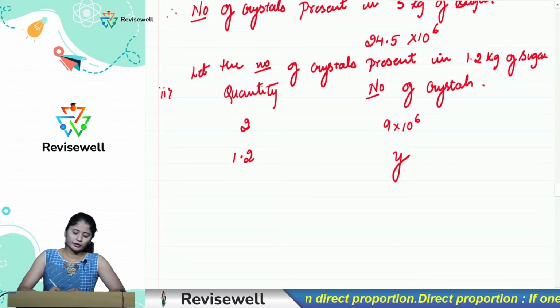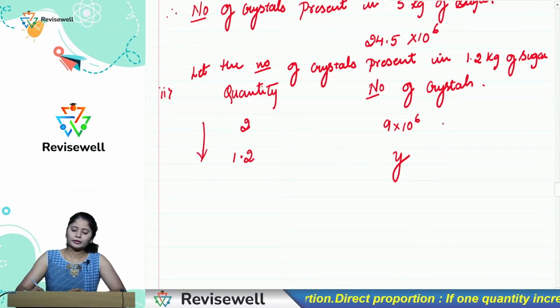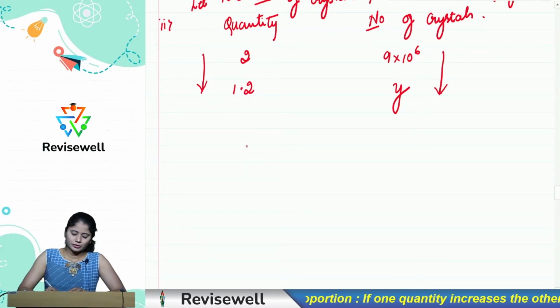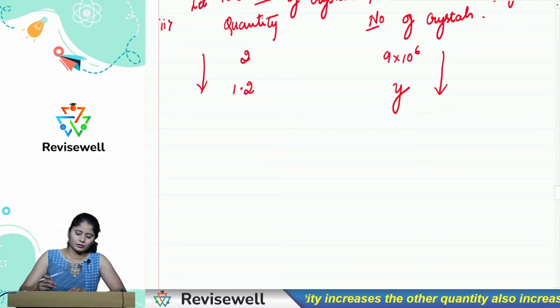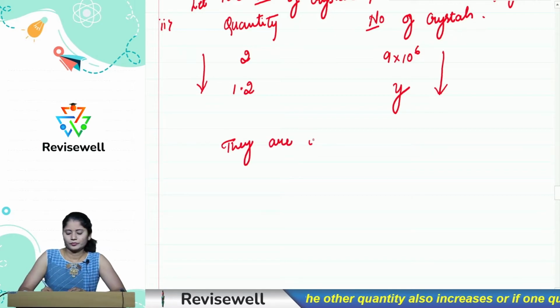Again, the quantity of sugar has been reduced, so definitely the number of crystals will also be reduced. So they are in direct proportion.